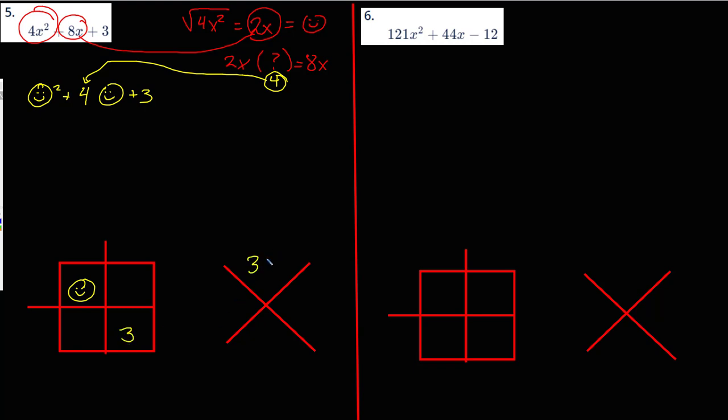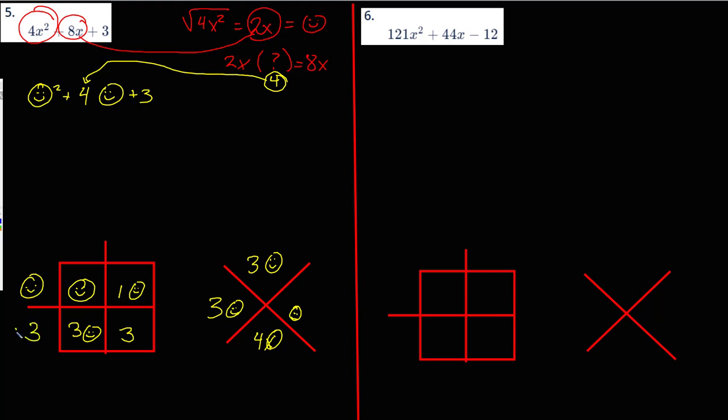And so we want a product of 3 smiley faces, and we want it to sum up to 4 smiley faces. So that's 3 smiley faces and a smiley face. And so I can pull out a smiley face.